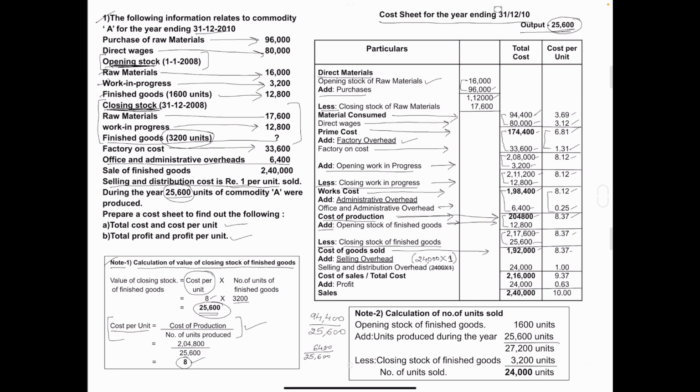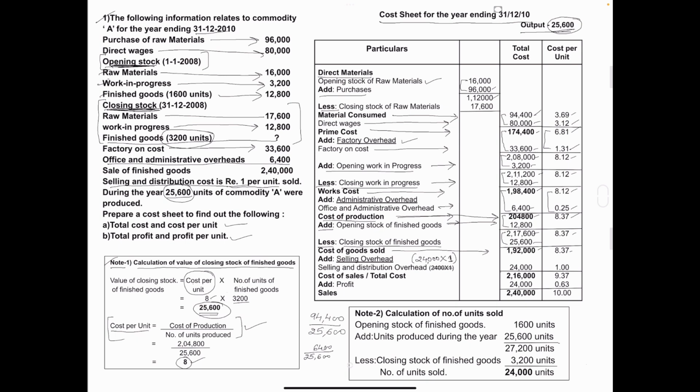We have to see how many units they have sold, so that we can write the total cost of selling and distribution overhead. How many units they have sold, they have not mentioned here in the problem, that we have to calculate.